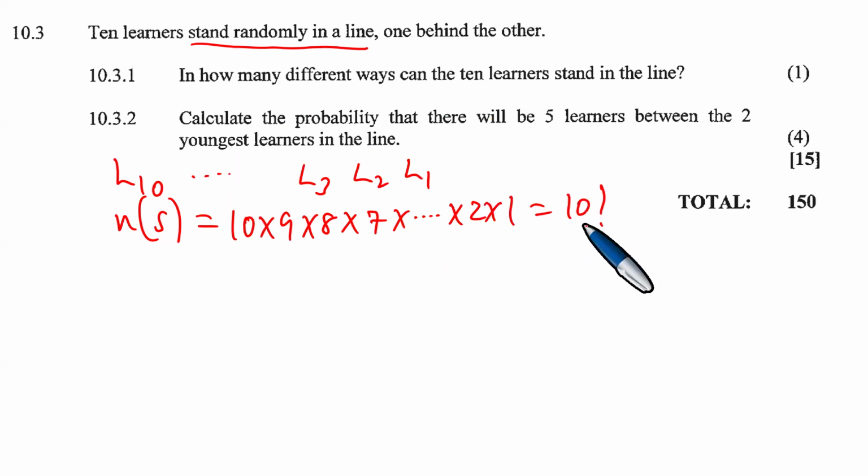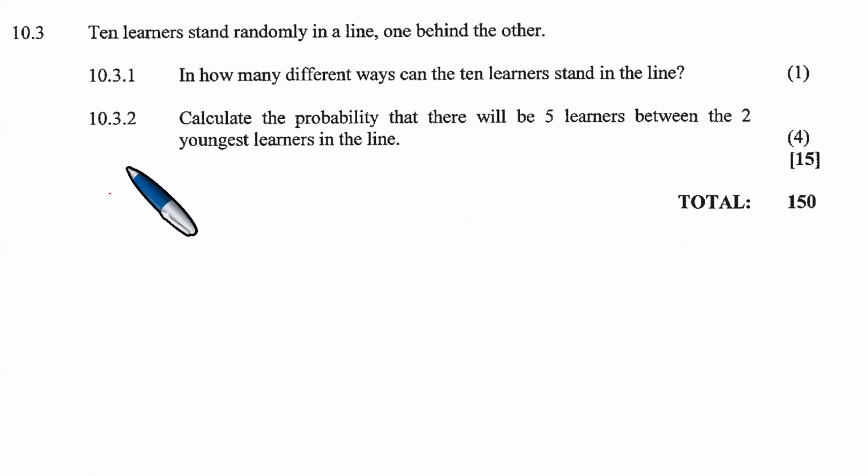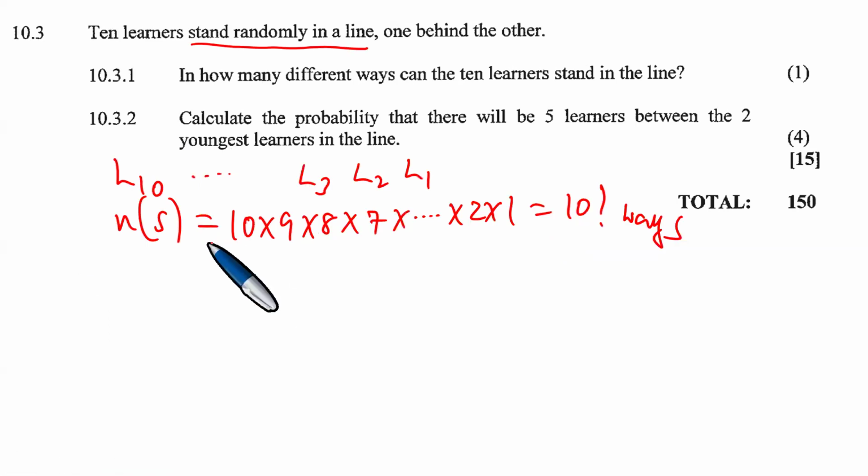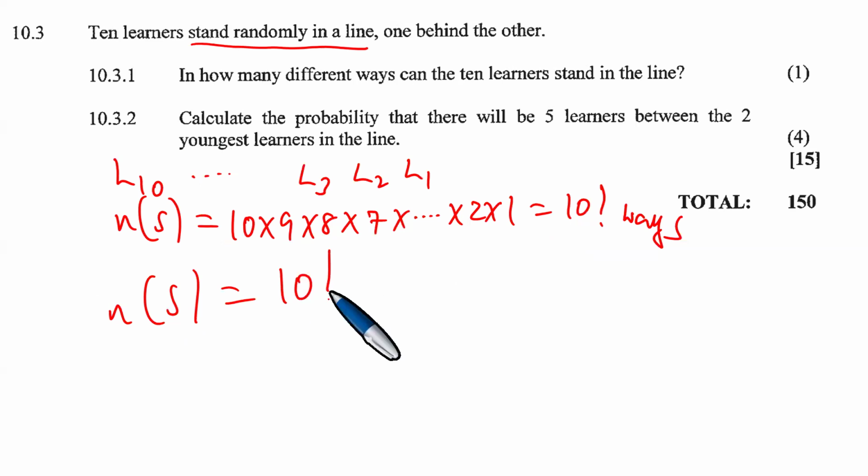So they can stand in the line in 10 factorial ways. Take note of that. So the number of elements in the sample space will be 10 factorial ways. In how many different ways can 10 learners stand in the line? In 10 factorial ways.